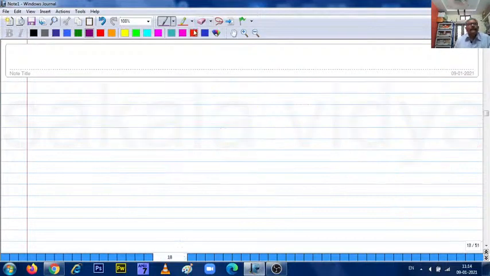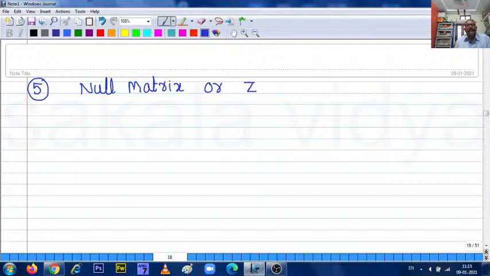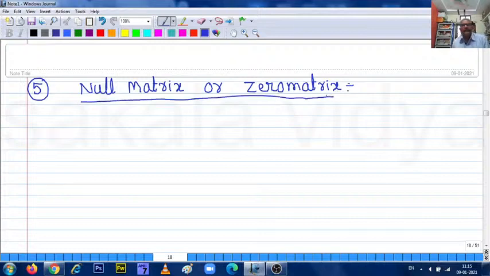Next, the fifth one. Null matrix or zero matrix. So what is the definition of the null matrix and zero matrix?